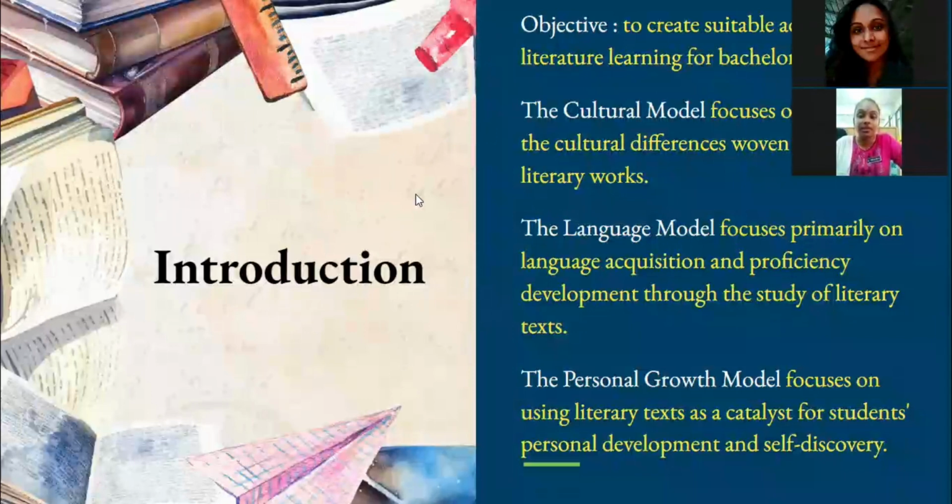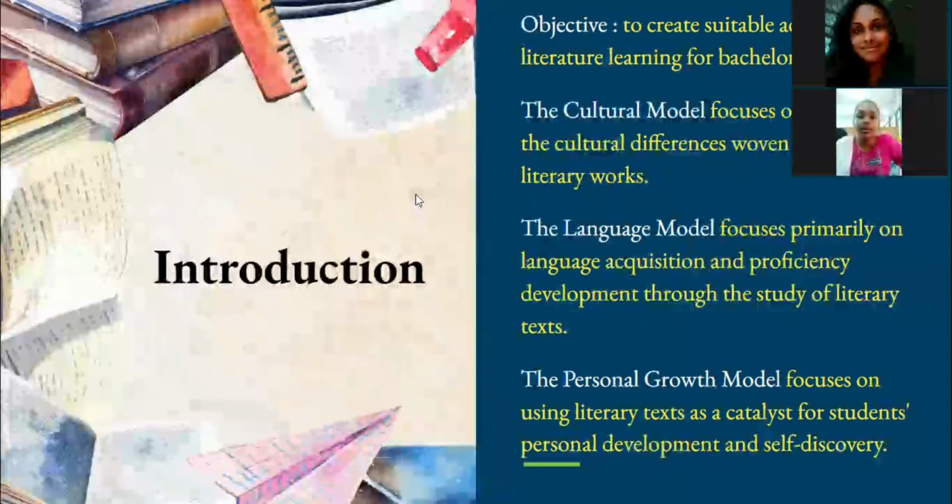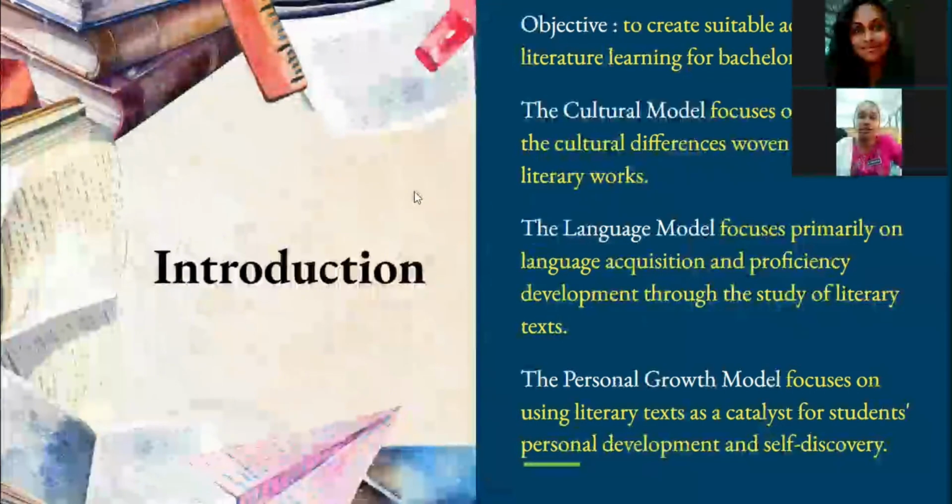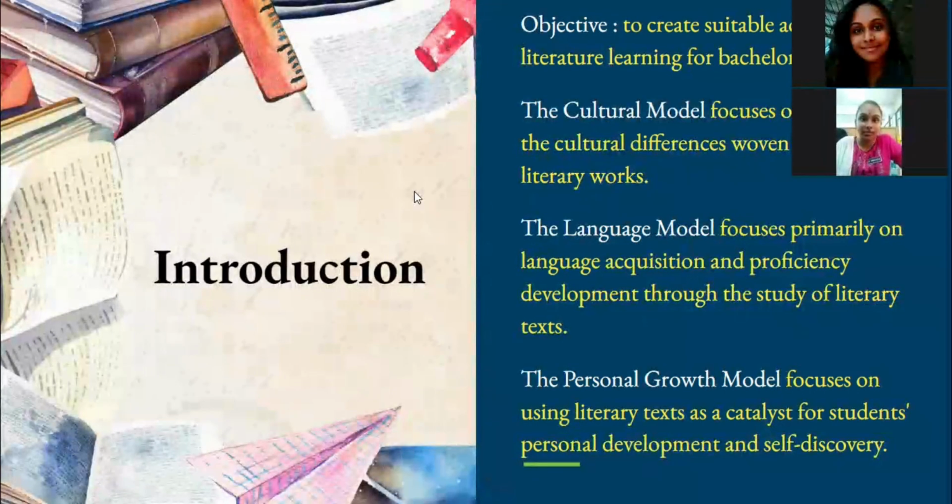Initially, the cultural model is used by educators of literature in order for their students to compare and contrast the cultural differences within the literary texts and the current living.